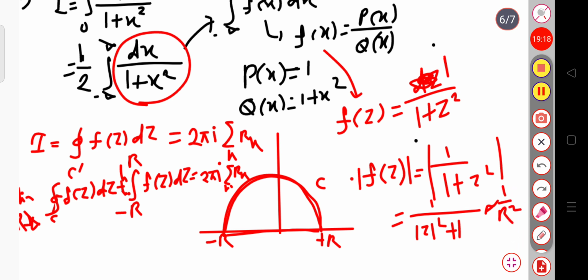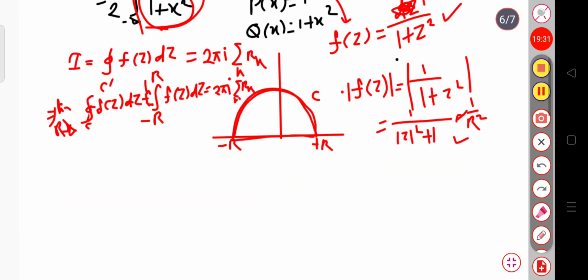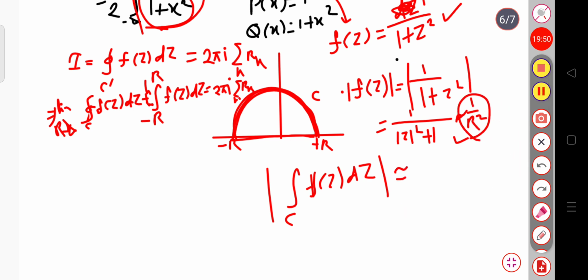This f of z is the coefficient of dz, that will be 1 by 1 plus z square, and the modulus will be near about 1 by r square. Again, if I take the integration of f of z dz over this contour, this semicircle c, the modulus will be nearly 1 by r square into pi r, which is near about 1 by r.